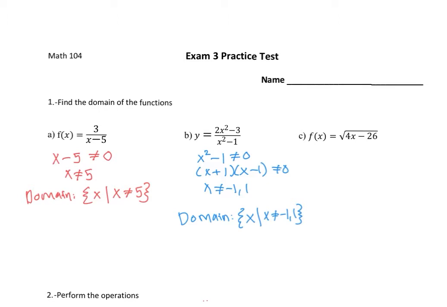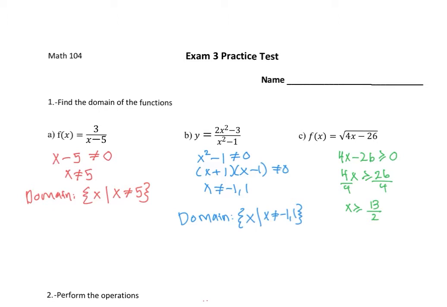And then the last one, this one's a little different because we have a square root. The inside of our square root must be greater than or equal to 0. So if we solve this inequality, we have that 4x must be greater than or equal to 26. Divide by 4, we have x is greater than or equal to 26 fourths or 13 halves. Now, we don't want to write it in set builder notation.